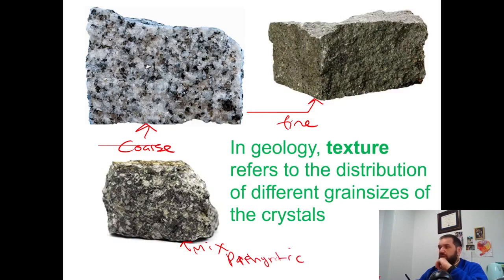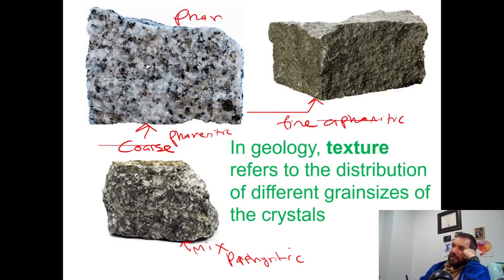Okay, so you can have a coarse-grained texture. Another word for that is phaneritic. You could have a fine-grained texture. Another word for that is aphanitic. In Greek, that root word phan means visible.